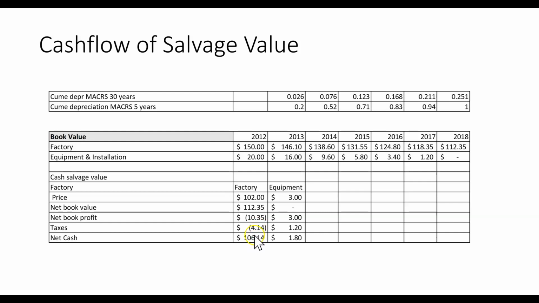And the net cash will be 102 minus the taxes, so it will be 106 over here. Equipment basically was 3, book value is 0, obviously, so the net book profit is 3. We'll pay taxes of 1.2, and we're going to end up with 1.8. So these are the numbers we're going to end up with in 2018 by selling our equipment and after paying any taxes that are required to be paid.